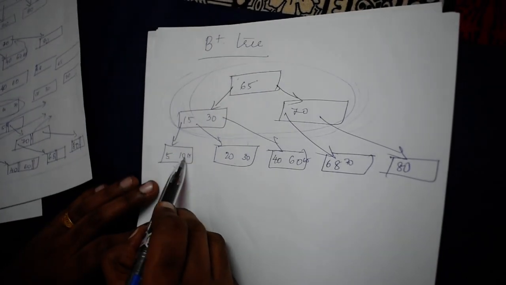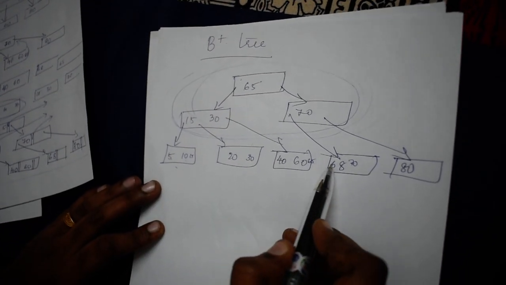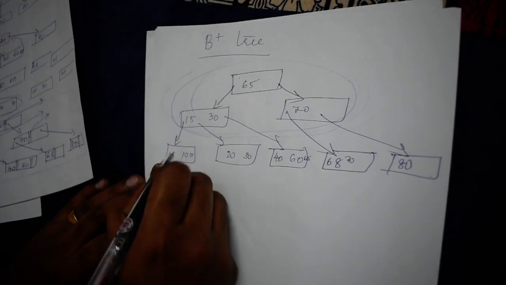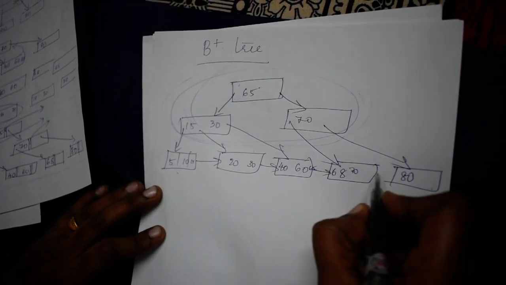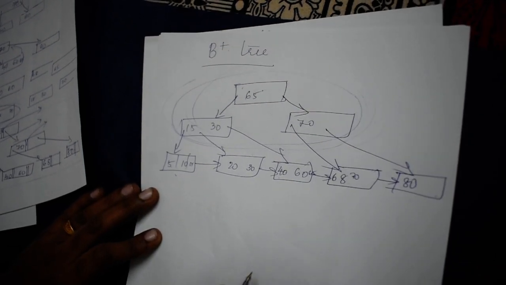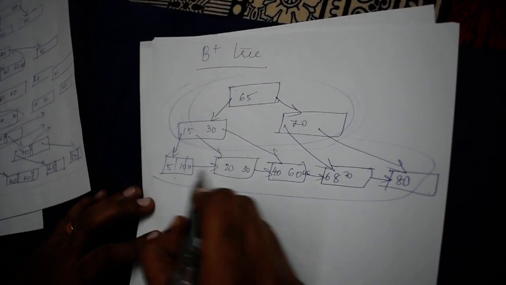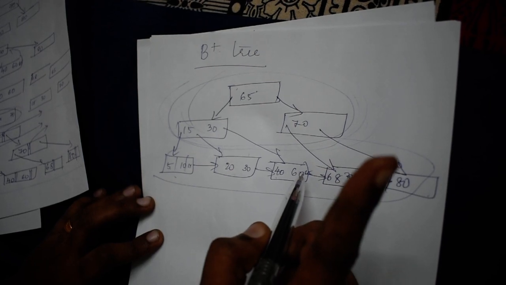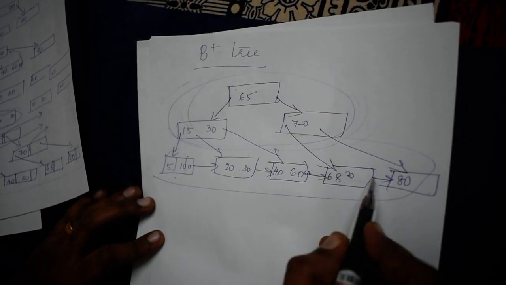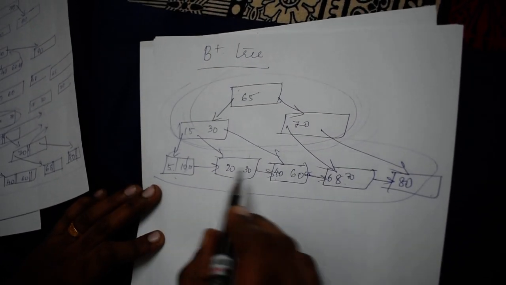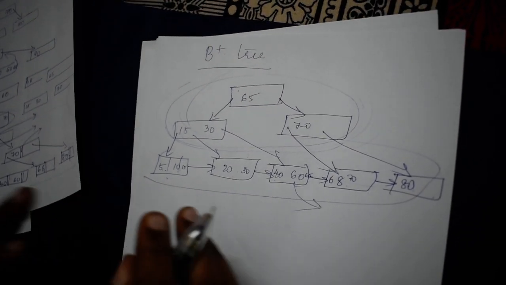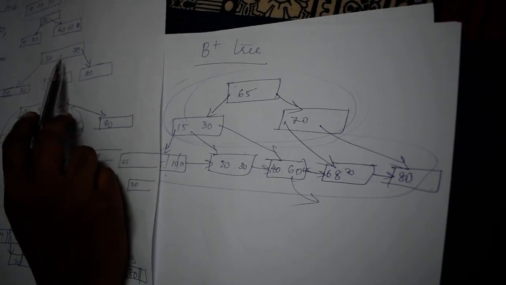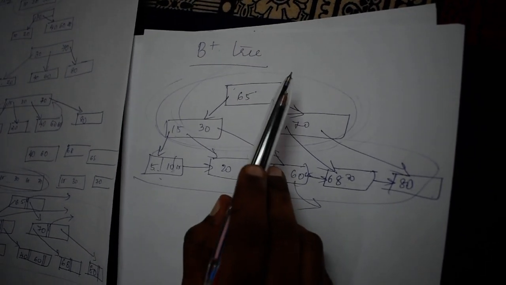So all the key values will be present in the leaf nodes, and there will be a pointer from one leaf node to another. How does it look? It looks like a linked list. And from the linked list of leaf nodes itself, we will get all the key values, which point to that particular database. That is the major difference between a B tree and a B plus tree.